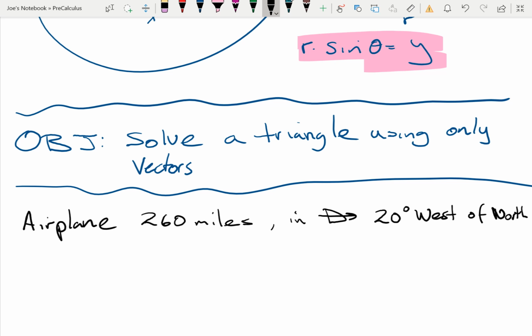Sometimes that's written north 20 degrees west.